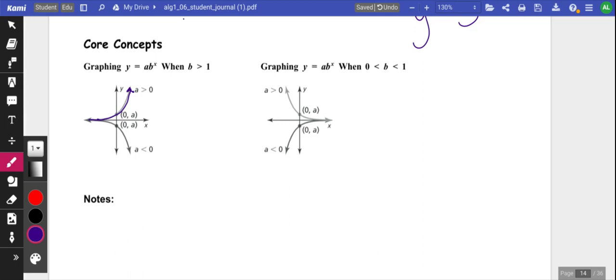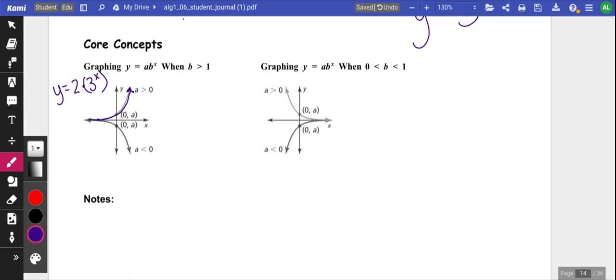So let's say over here we had y is equal to 2 times 3 to the x, or usually it'll look like that, 3 to the x power. The biggest mistake that I see people make is they decide that they want to multiply the 2 and the 3 and then take that to the x power.